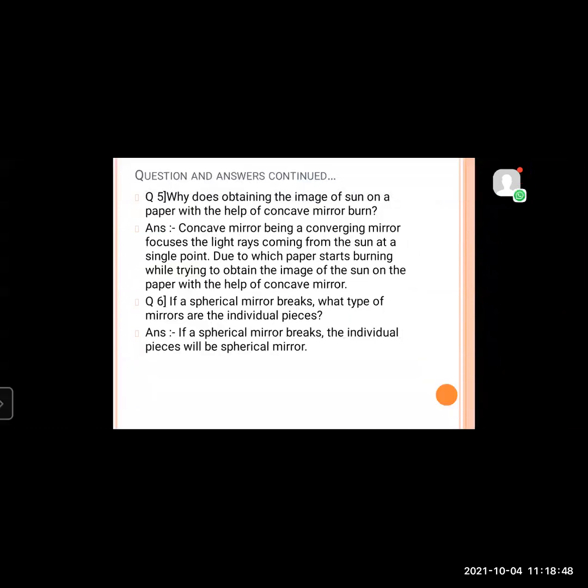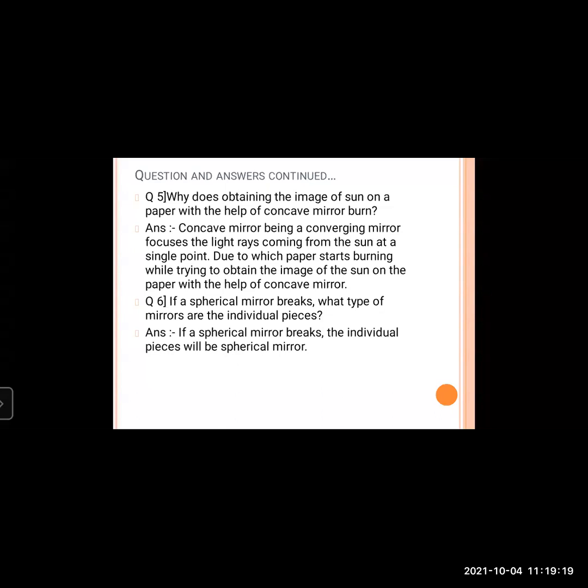Why does obtaining the image of the sun on paper with the help of a concave mirror burn the paper? This is an activity which you people have performed in 4th standard. What happens when you hold such a glass in front of the paper, and why does the paper start burning? We will see its scientific reason. A concave mirror, being a converging mirror, focuses the light rays coming from the sun at a single point, due to which the paper starts burning.